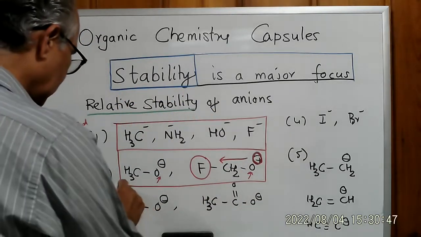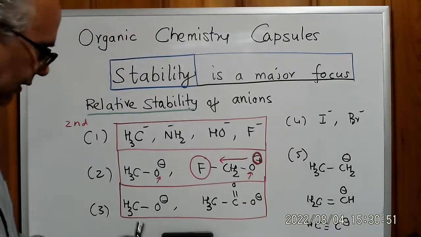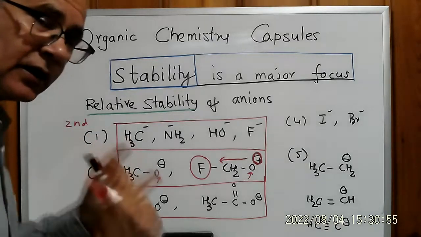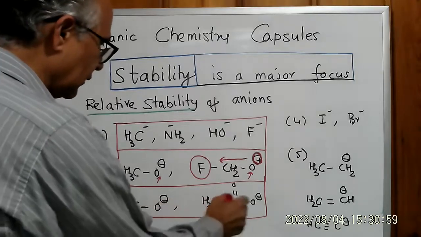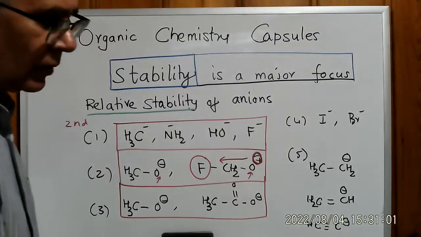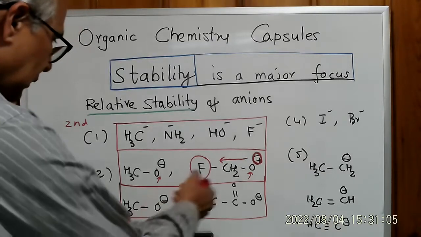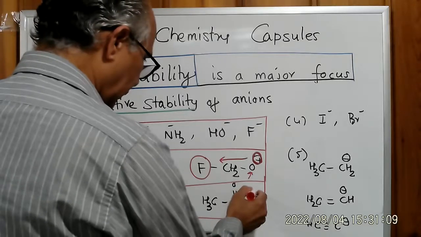And here we looked at a different set of negatively charged ions. Again, the negative charge is on the same atom, oxygen versus oxygen. So again, you cannot use electronegativity, but if you look at these two, there is a possibility of resonance here.